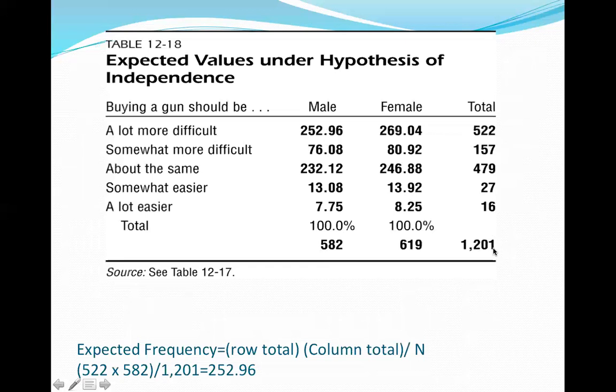Just one more example: 269.04 under female. This number was achieved by doing the 619 column total times the 522 row total and dividing by the 1,201. So an important first step is calculating all the expected frequencies.